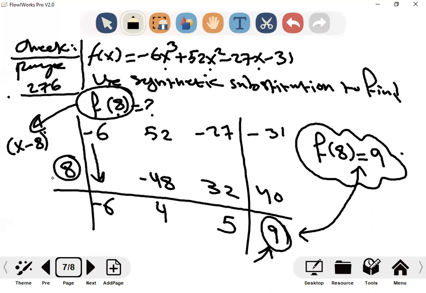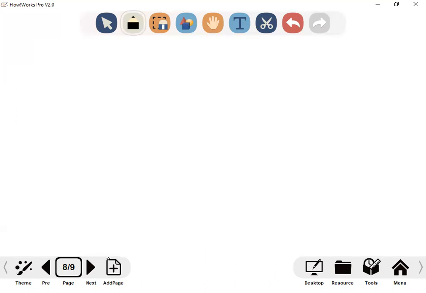The ideal weight of a kitten in pounds is modeled by the function, and the function is given, right? Don't write the function, just write the solution. We are on the check page 277.